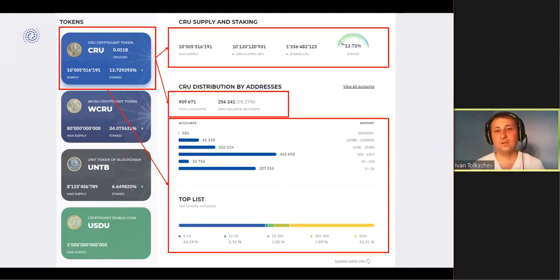And look, the maximum supply is 10.5 billion, and almost all of them are in circulation, but every month a part is released from this circulation, is cancelled from this circulation, because they are converted into World CRU.